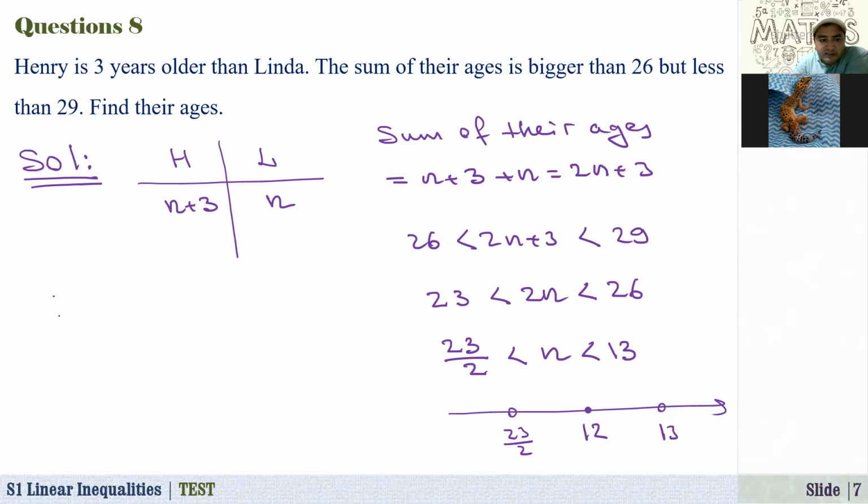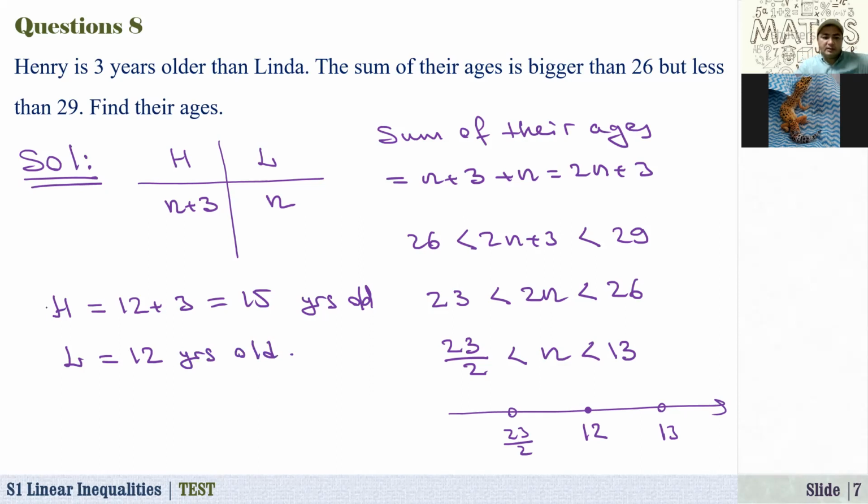Since n is equal to 12, Henry's age is 12 plus 3, that's equal to 15 years old. Linda's age is 12 years old. Okay, so these are the ages of these people, 12 years old and 15 years old.